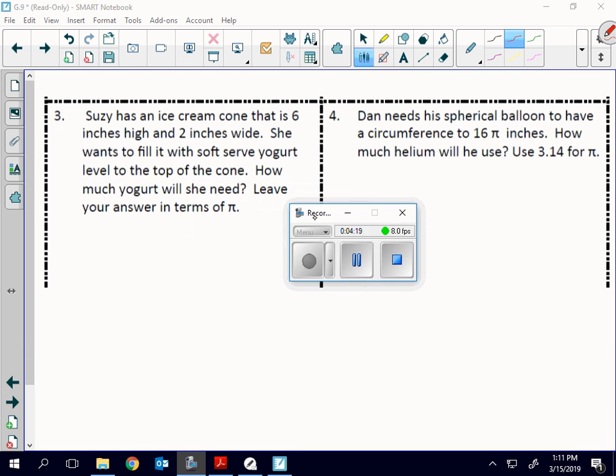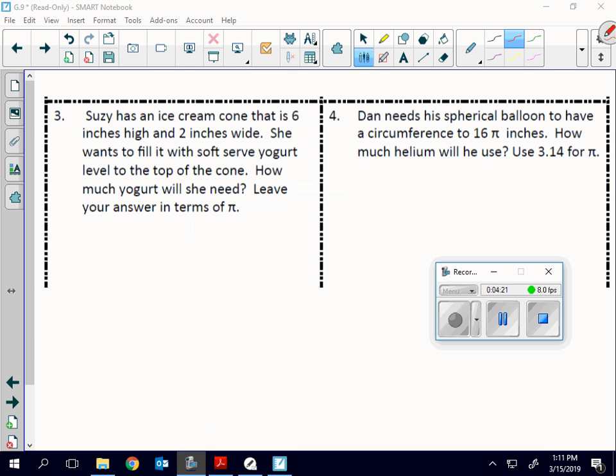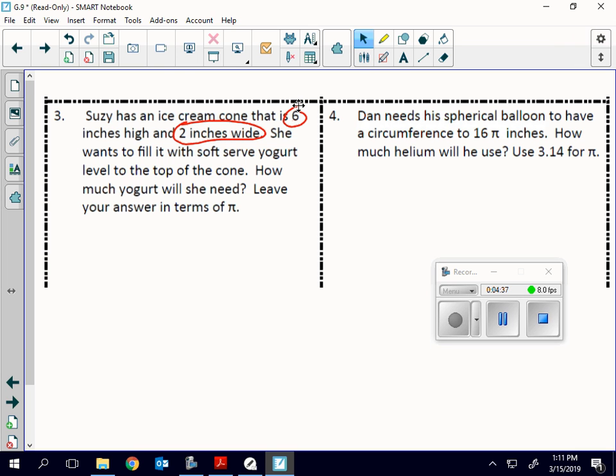All right, number 3. Susie has an ice cream cone that is 6 inches high and 2 inches wide. She wants to fill it with soft serve yogurt level to the top of the cone. So I had a picture of an ice cream cone, but that's not what it's going to look like, because she's only going to put yogurt level to the top of the cone, which is kind of silly, but that's how it works for our volume formula.